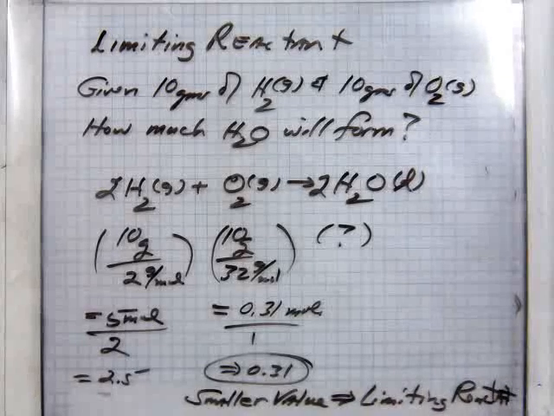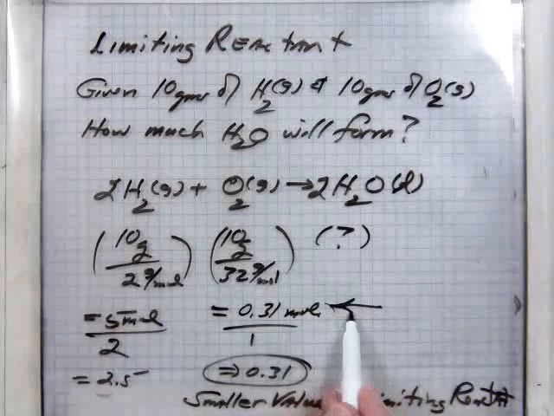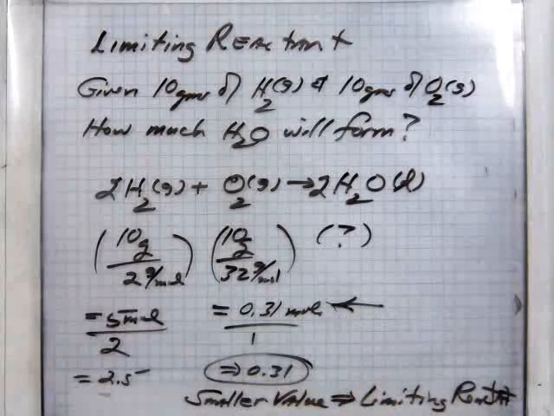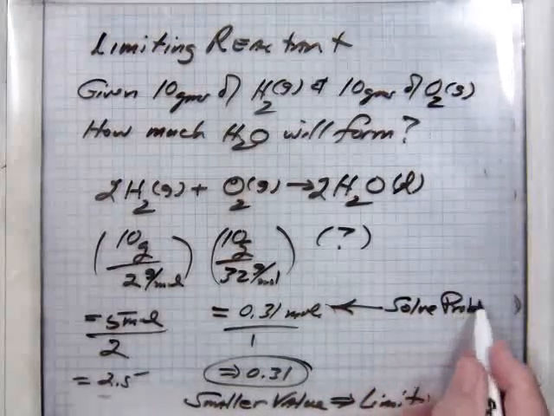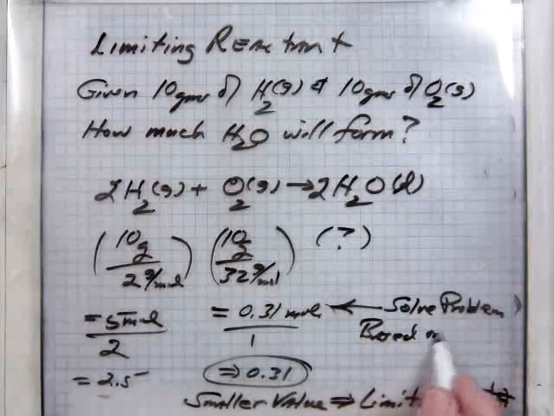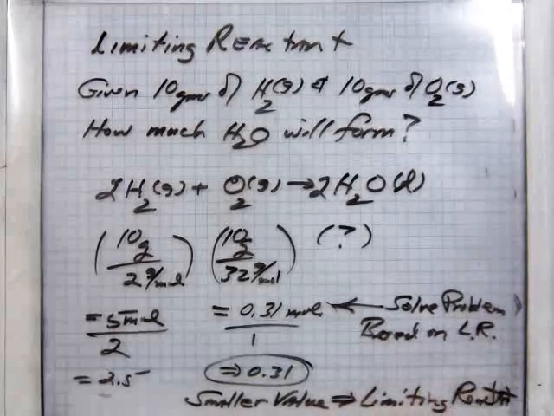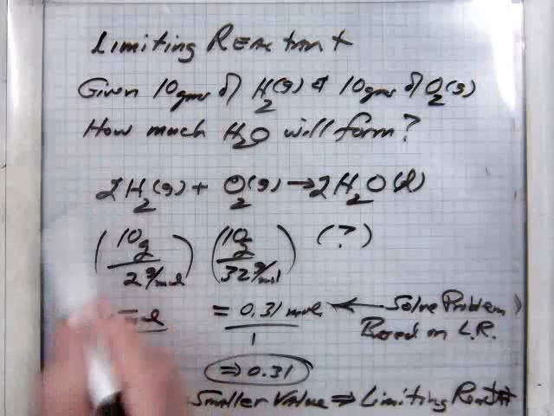That is the limiting reactant. However, when you divide all this out, you have to come back up here to the mole quantities and then solve the problem based upon the limiting reactant, because that's what governs the output of the reaction itself, not the excess over here.